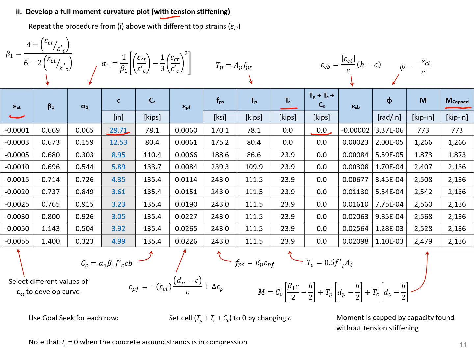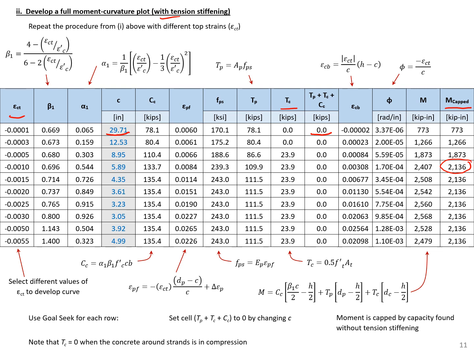The capped moment capacity is essentially because tension stiffening can't increase the ultimate capacity of a member. So we need to cap the capacity using the ultimate capacity without tension stiffening.